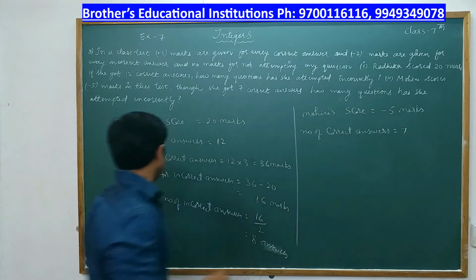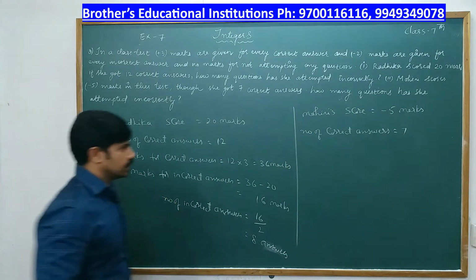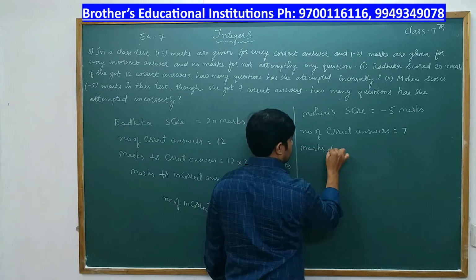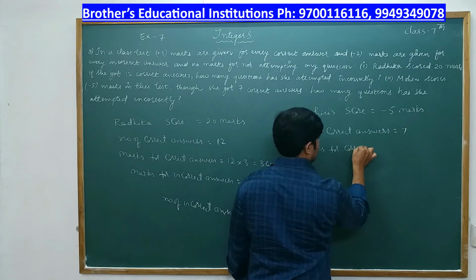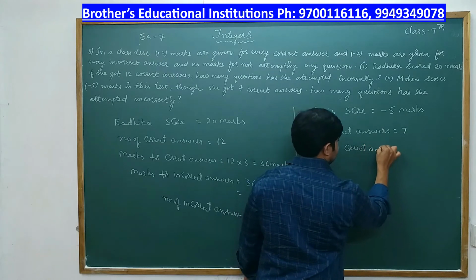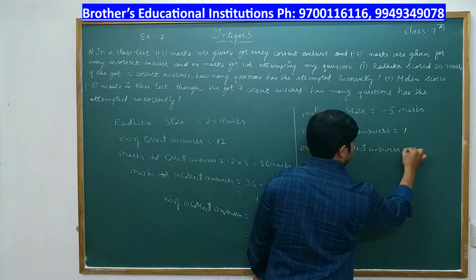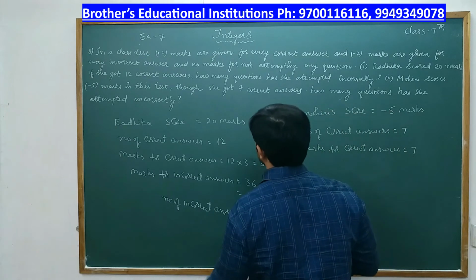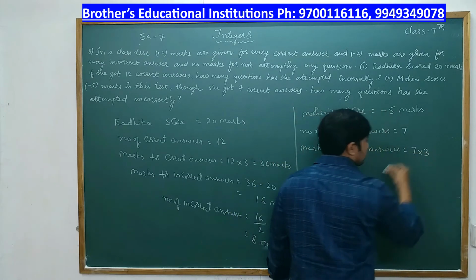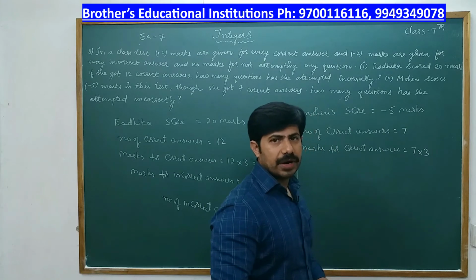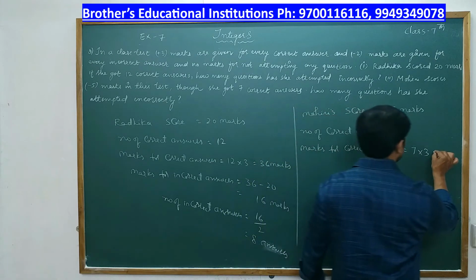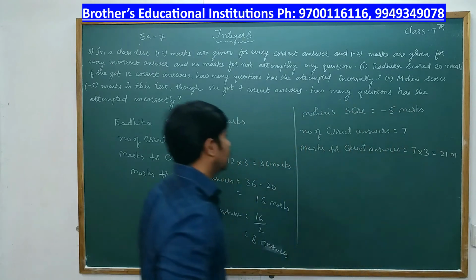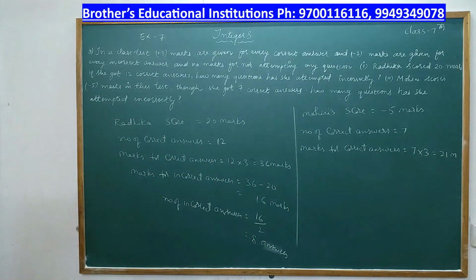Then we write marks for correct answers. Marks for correct answers is 7 into 3, because for each correct answer 3 marks is awarded. So 7 into 3 is 21 marks.